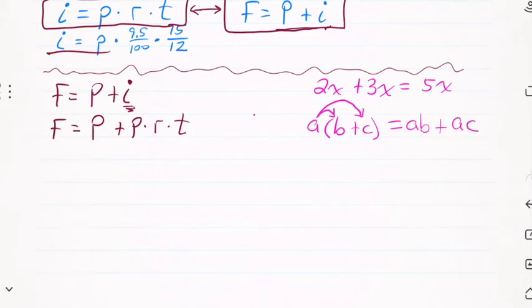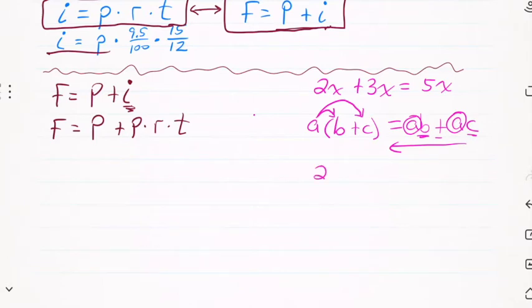Most of you have seen this property at some time in your schooling in the past. So in this direction, it's called the distributive property. If we go backwards and say, well, these two terms both have an a, so if I kick it out, what's left behind is going to be b plus c. So that's also known as the distributive property, but most people call it factoring.